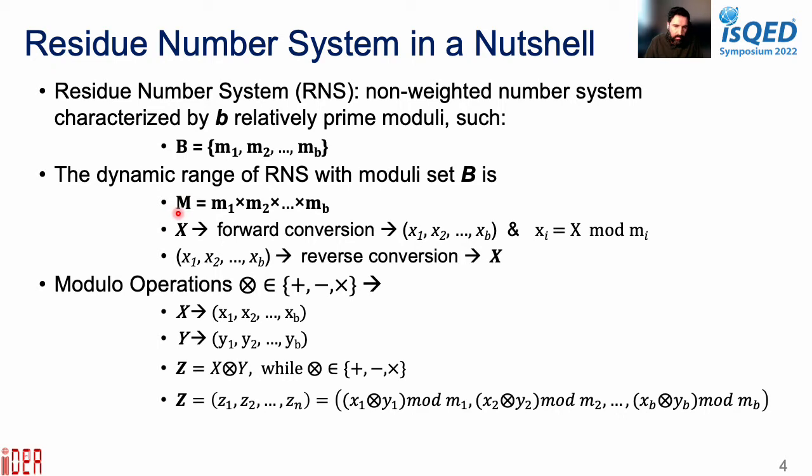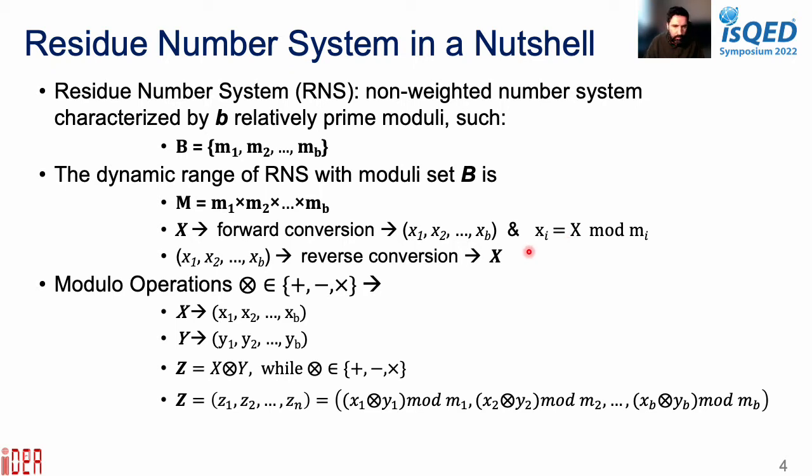In such a system, any integer x with x greater than or equal to 0 and lower than M is uniquely represented by a tuple of non-negative integers x1, x2 to xb, where each xi, which we call a residue, equals uppercase X mod mi.